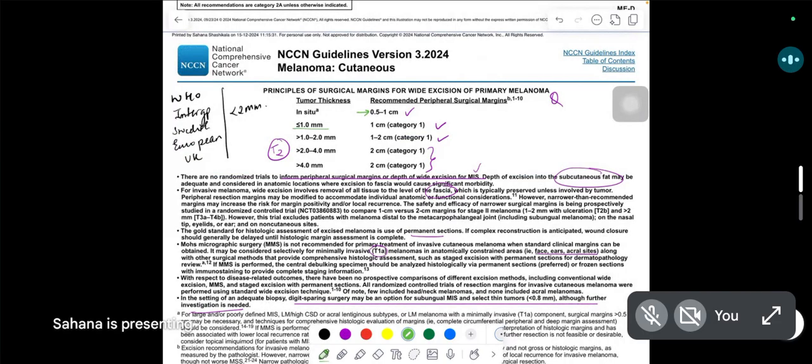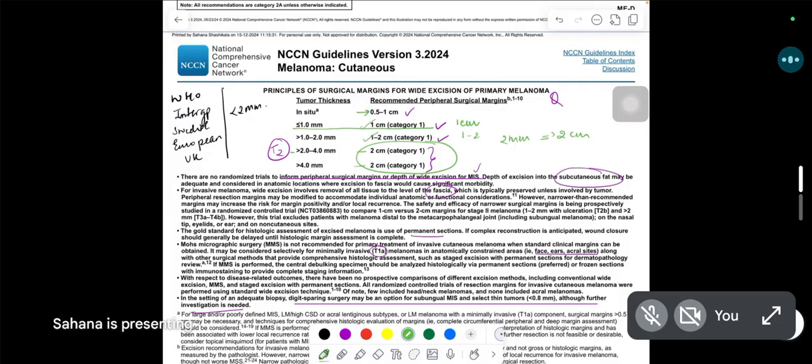Less than that is for thin melanomas, 1 centimeter is enough. For intermediate risk, they say 1 to 2 centimeter, but more than 2 mm, it should be 2 centimeter. Less than 1 mm is 1 centimeter. For in situ, it's 0.5 to 1.